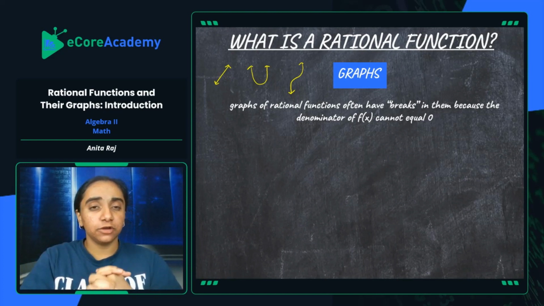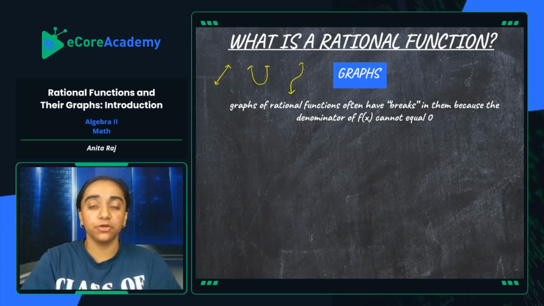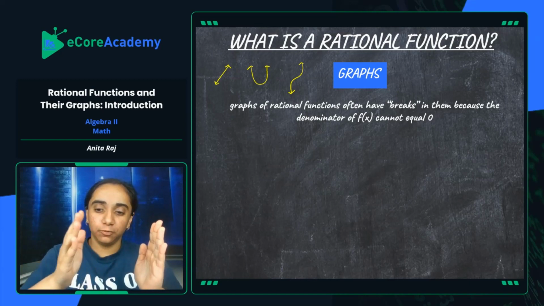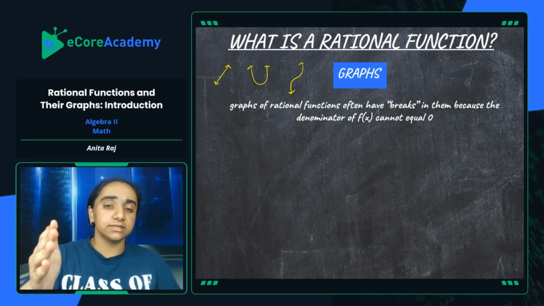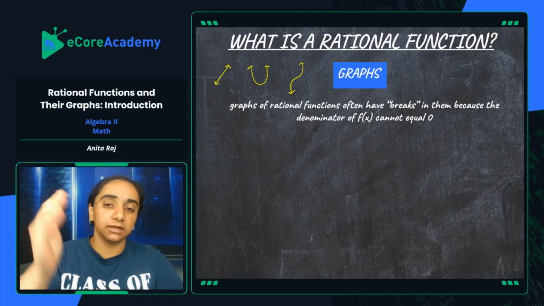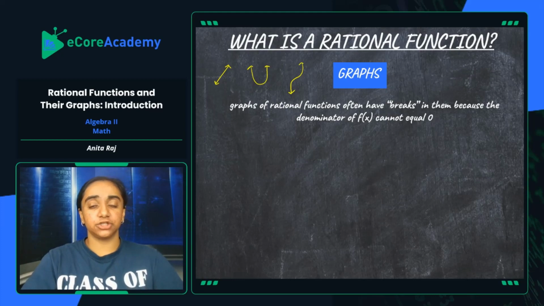However, rational functions don't always adhere to these rules of being continuous, of having a y value for every single x value. They often have breaks in them, meaning the graph will continue for a bit, and then you'll have a break because that x value does not have a corresponding y value. If you plug that x value back into your rational function equation, you don't get a y value.